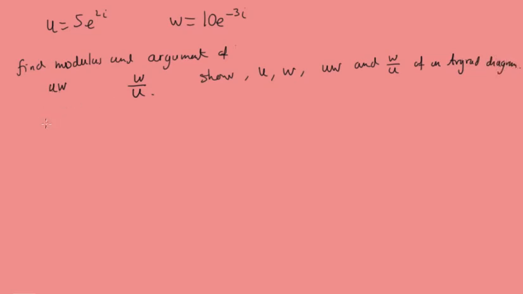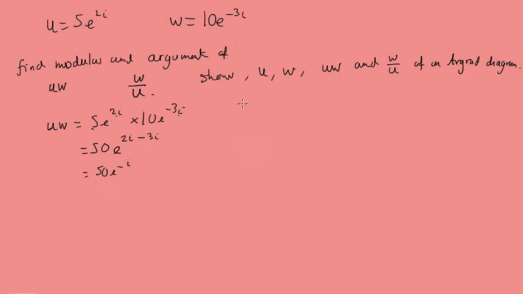So uw is just 5e to the 2i times 10e to the minus 3i. So that's just going to give us 5 times 10 is 50. Then we can use our laws of indices here, 2i minus 3i, which is going to give us 50 e to the minus i.